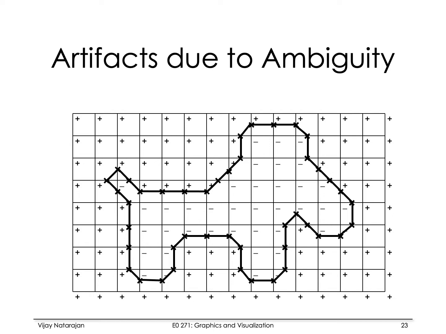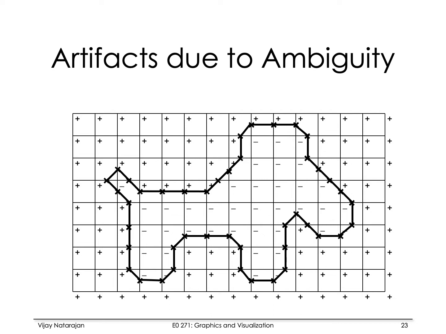So depending on the choice that one makes, one gets different isosurfaces. So here is one example with such a configuration.